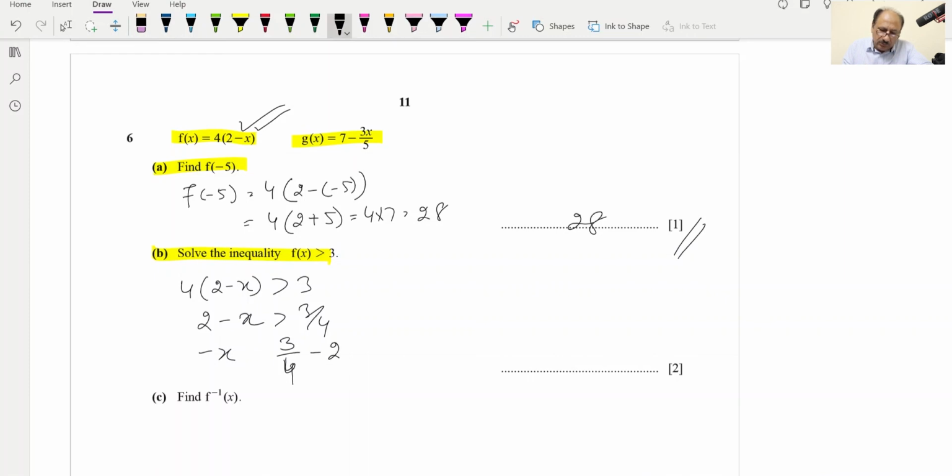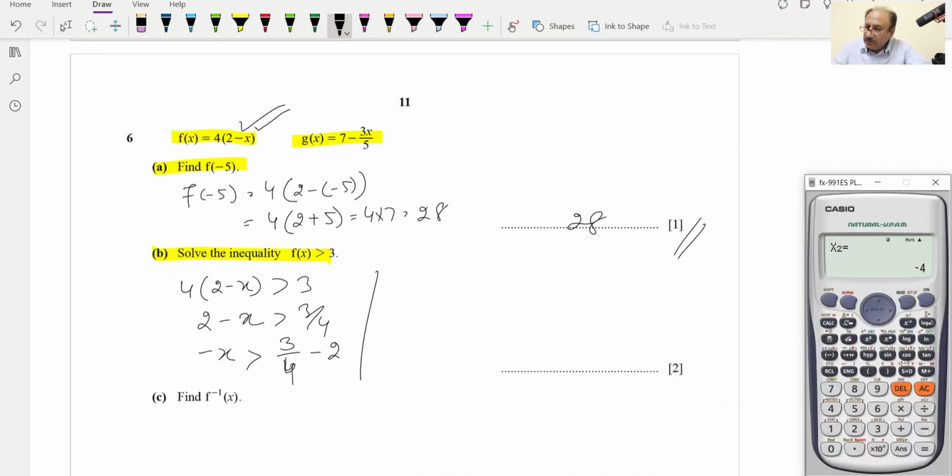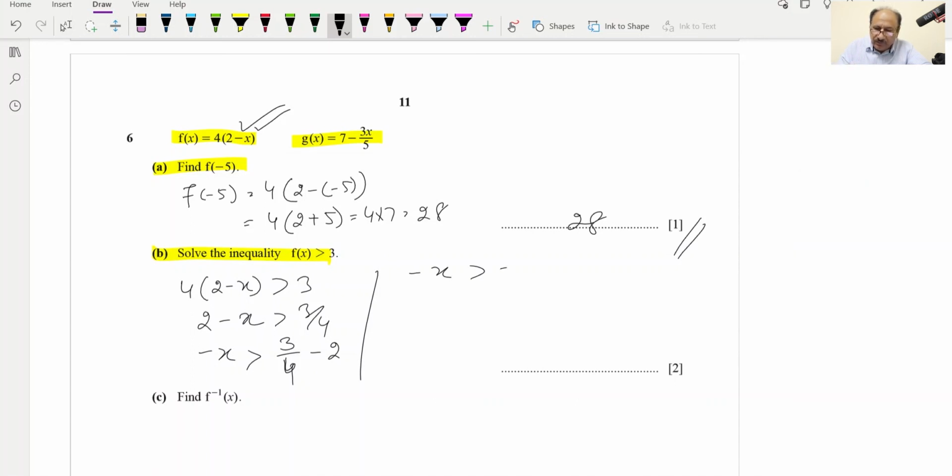And we can rewrite it as 3 over 4, and minus 2 is minus 5 by 4. So minus x is greater than minus 5 by 4, and we'll multiply everything by minus 1. So the direction of the inequality will change. So now this will be 5 by 4.